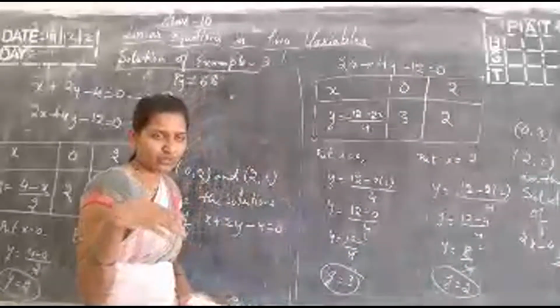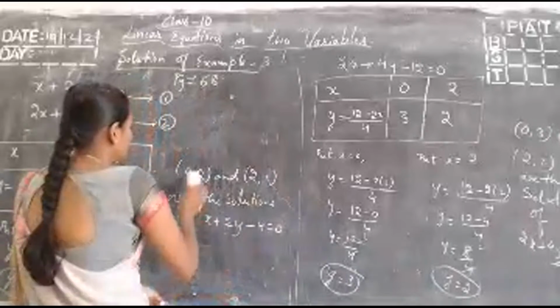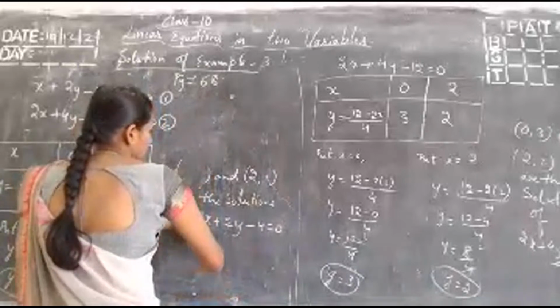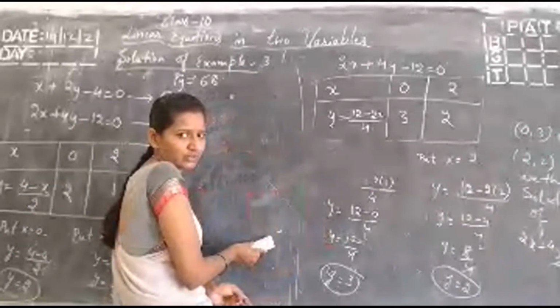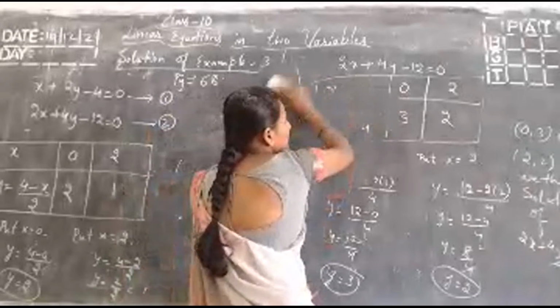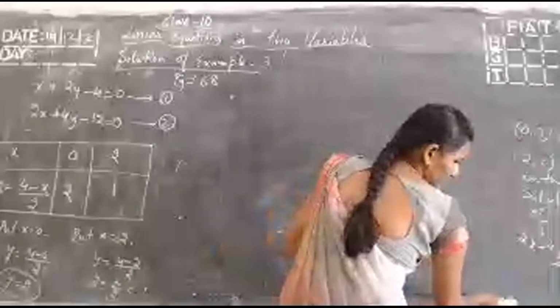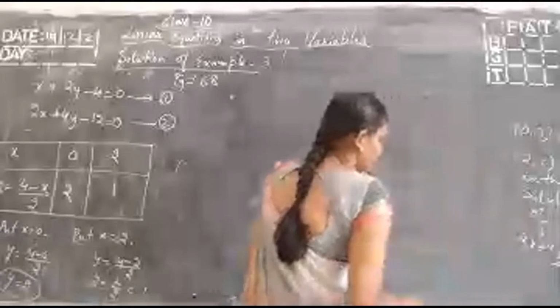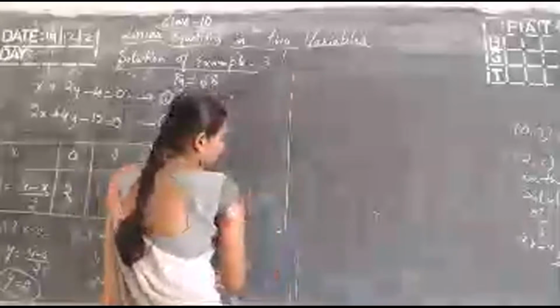Now we got the solutions. What we have to do? We have to draw the graph. Again, all are positive values.